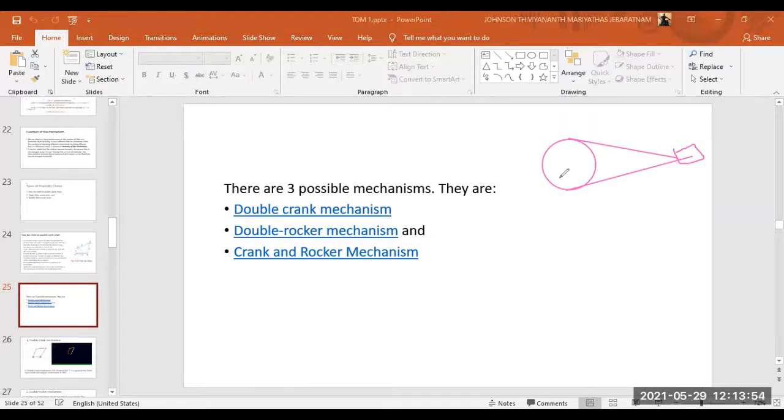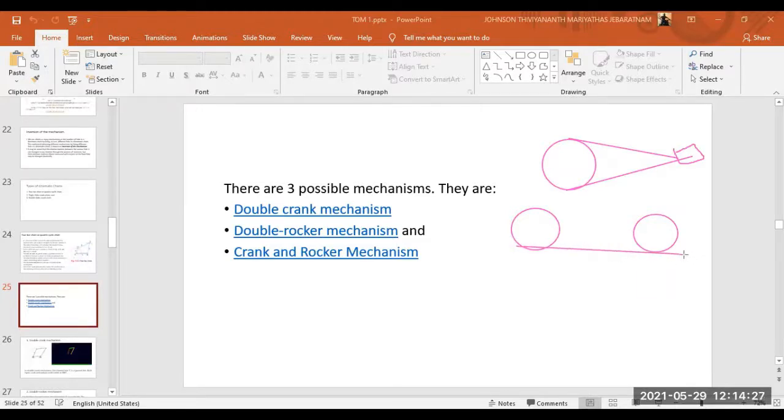The other one is double rocker mechanism, which means there is no rotary motion at all, but only oscillatory motions. Double crank mechanism means two members should exhibit the complete rotation.